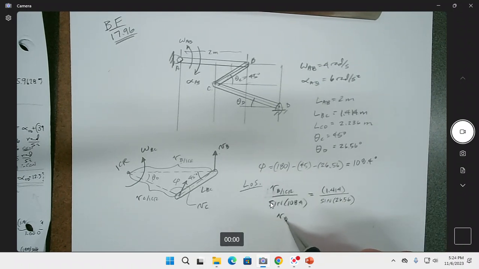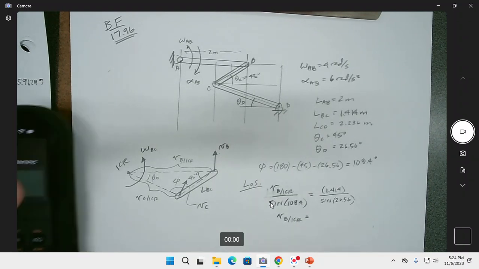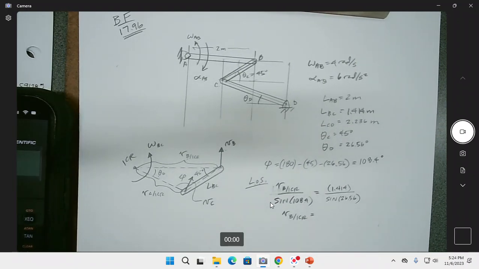And so RB with respect to ICR, according to what I have, is going to be 3. So if I did this correctly, it'll be 3, if you're playing the home version of the game. But I bet because of some round-off error, especially of the small angle, it turns out to be a little off.